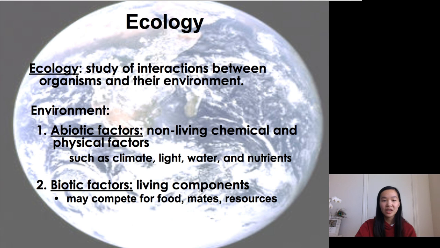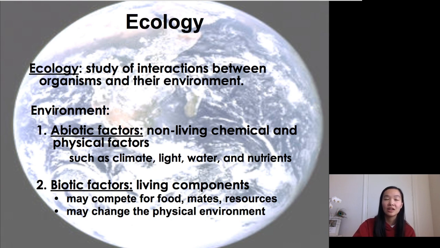These biotic factors are important because species compete with each other for food and other resources, and for mates if they're the same species. But even organisms of different species still compete for resources and land and food. And biotic factors, like plants and animals, can end up changing the physical environment.